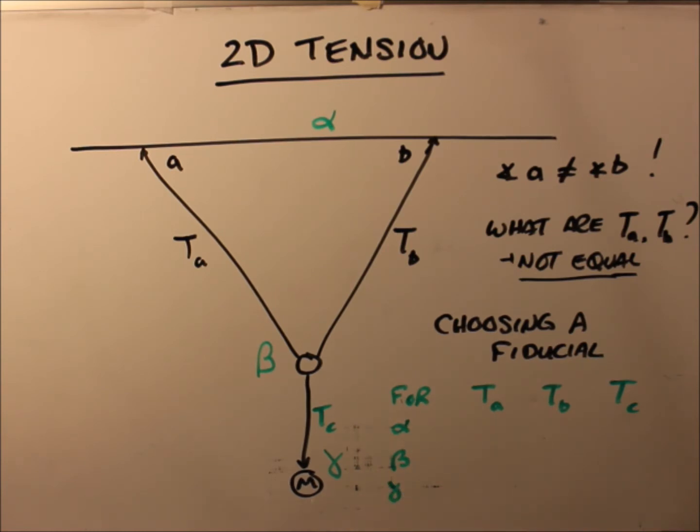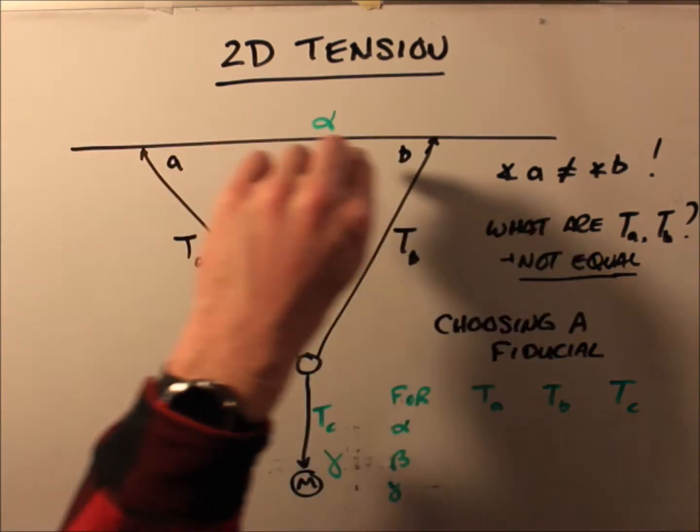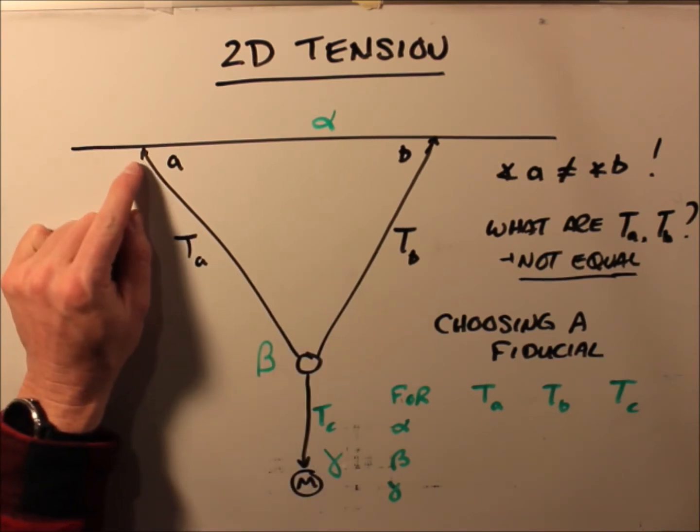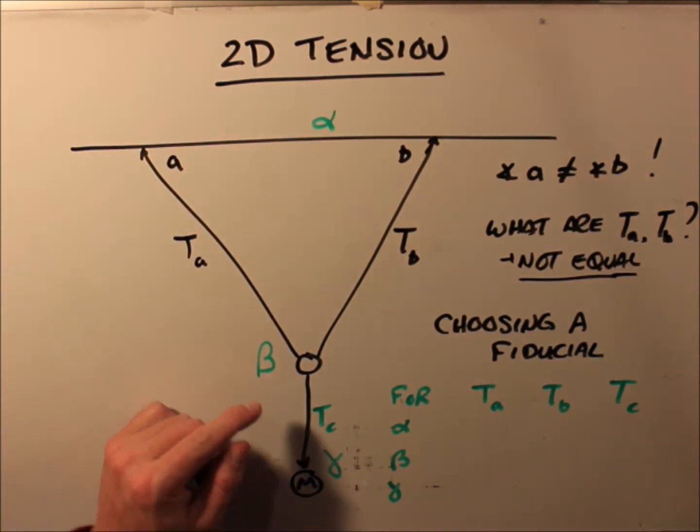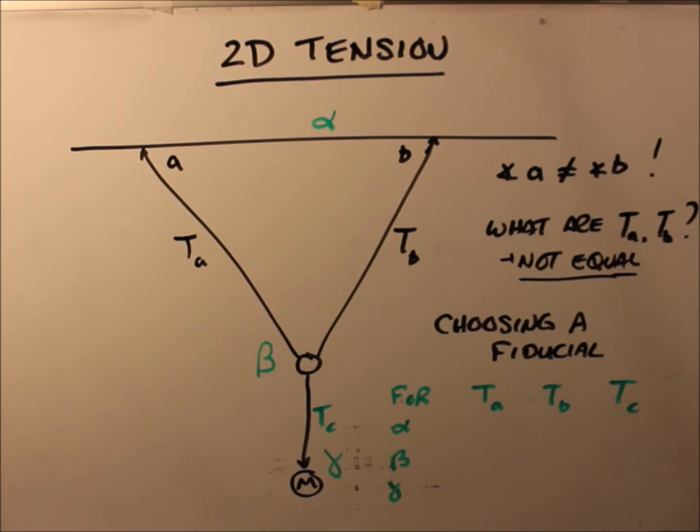So let's look and see in the general point here, if we use the bar as our reference, are the strings pulling down from the bar, or are they pulling up? They're going to be, as you can imagine, being pulled down. So TA, TB, and TC point downward. If we choose the ring, TA and TB have to point upward, but TC will point down. If we choose gamma, they're all pointing up.